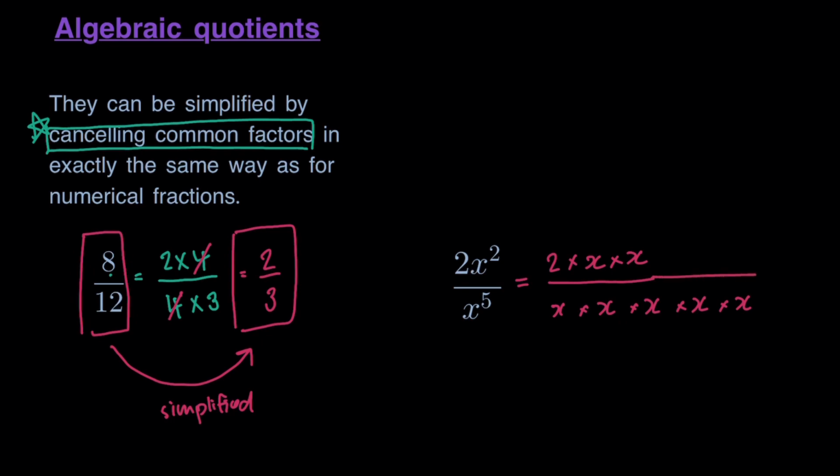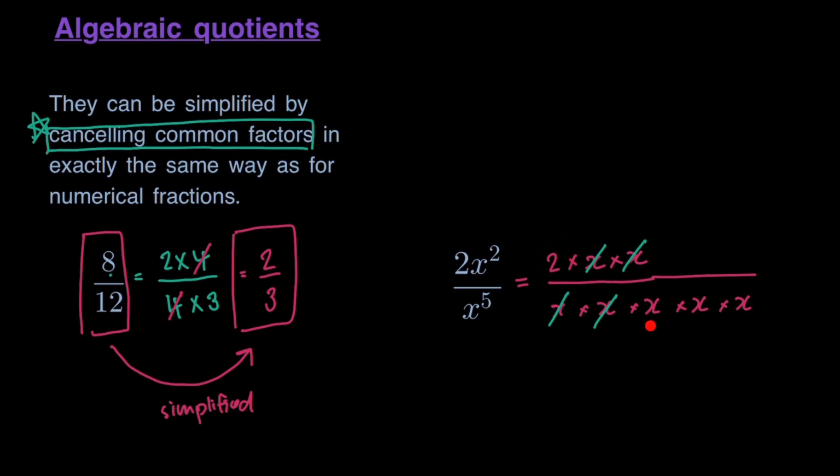Then we need to find the common factors. So we see a pair of an x and x, so cancel it out because they're the common factors. We also see another pair of x's, so cancel it out as they are the common factors too. Then collect the leftovers. So in the numerator part, we see that the 2 is left over.